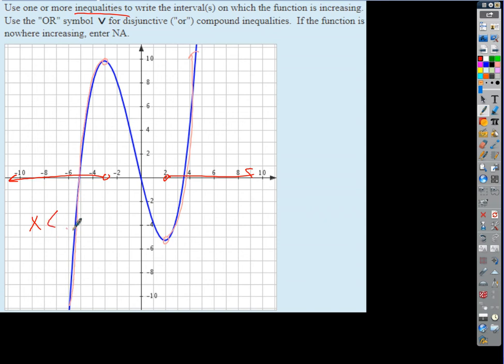Less than -3? Okay, -3, or, remember that's just or. How about this one? X is greater than 2. Good, so there's my answer. Okay, good.